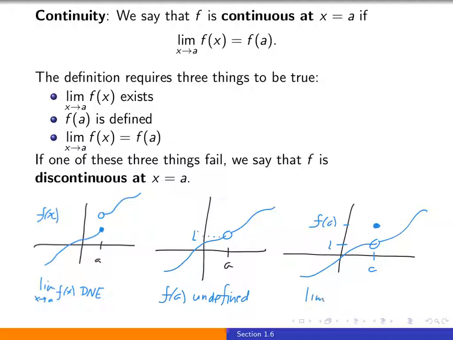So in this third graph, the limit as x approaches a of f of x exists, but it's not equal to the function value. These are the three illustrations of how we can graphically recognize when a function is discontinuous at x equals a. Either the limit does not exist, the function is undefined, or the limit is not equal to the function.